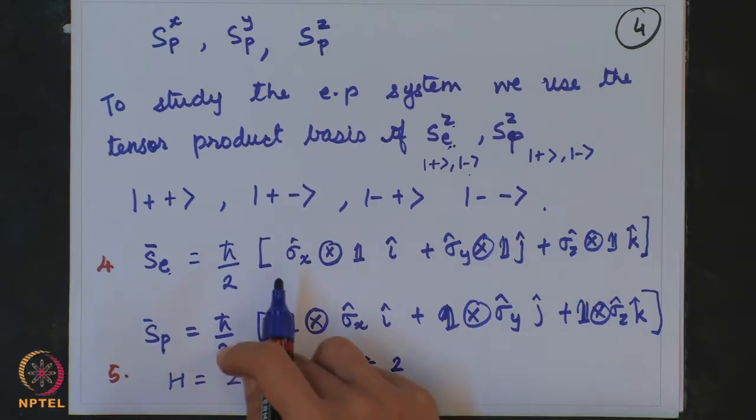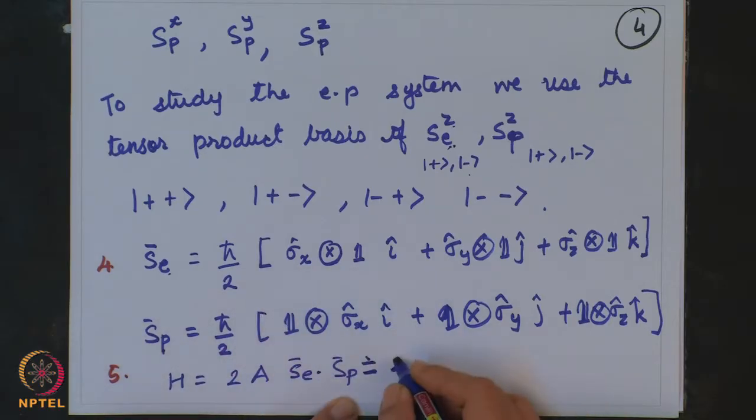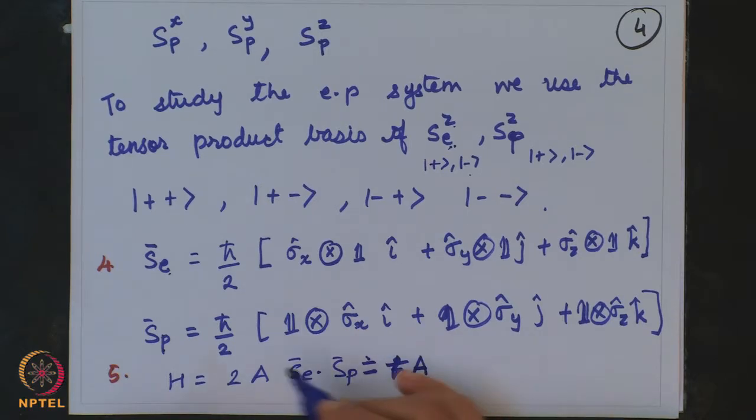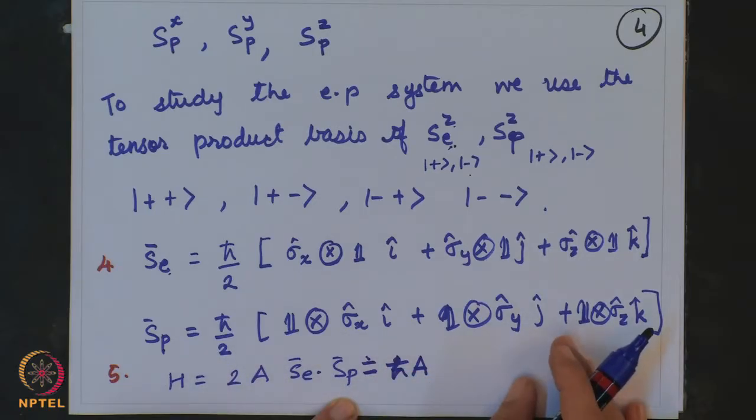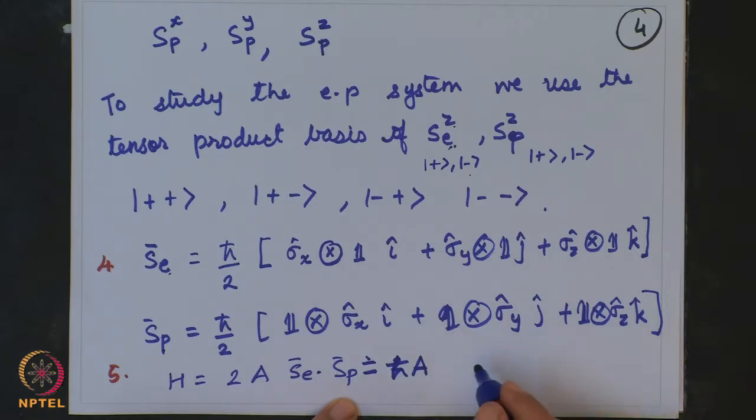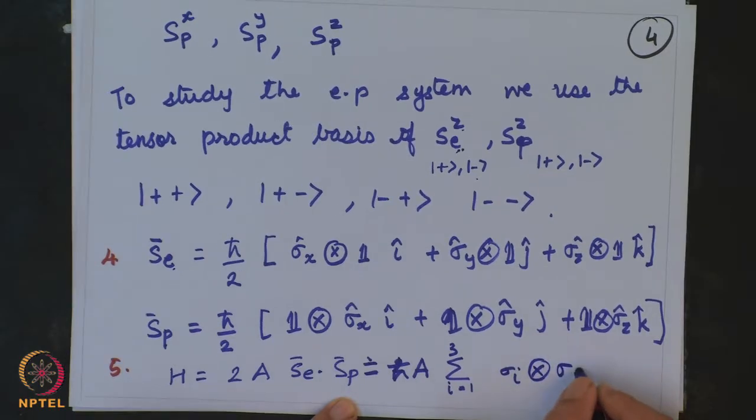So this will be 2 and this will be half, so this 2 will go away. I will have just h cross A, and this term I can write in terms of a summation, i equal to 1 to 3, sigma i cross sigma i.